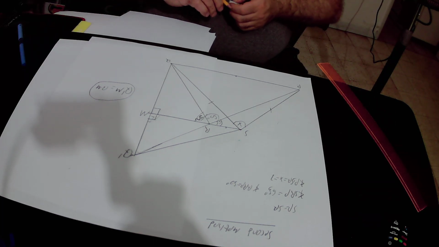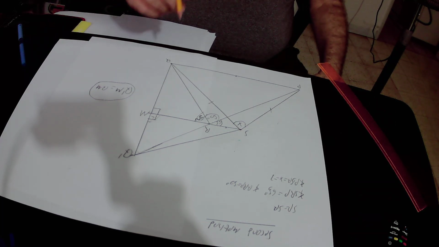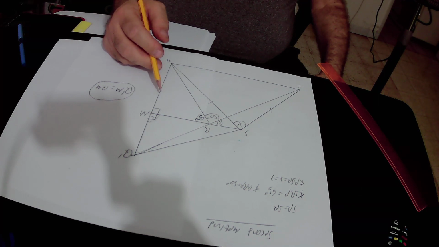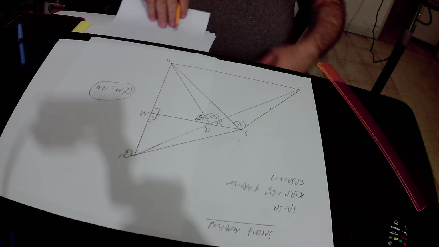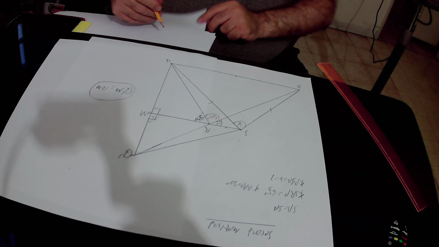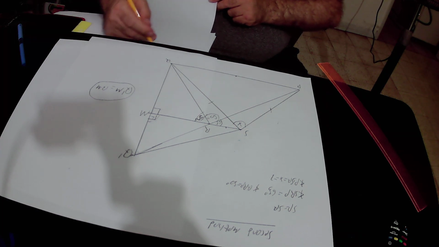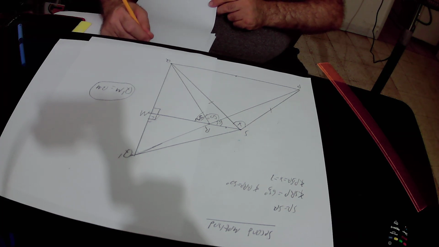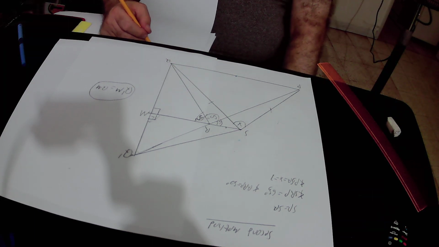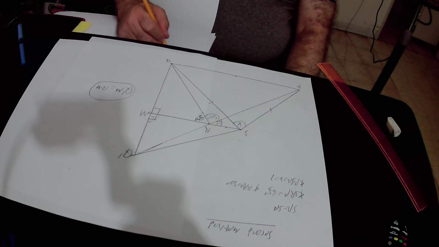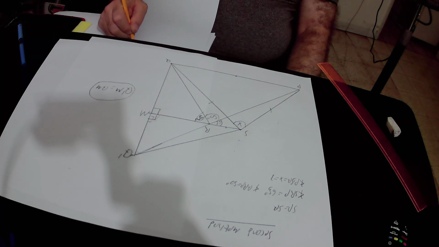So in the next step, we will focus on the right triangle QMR and the right triangle Q dash MR. We will actually prove that those two right triangles can fit into each other.